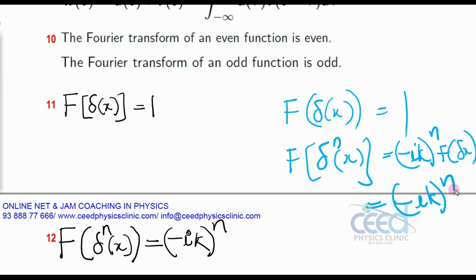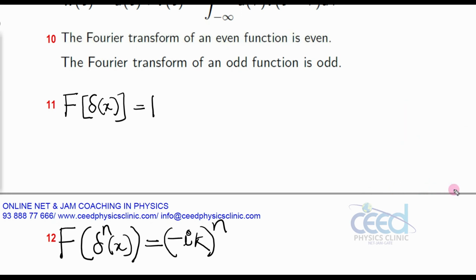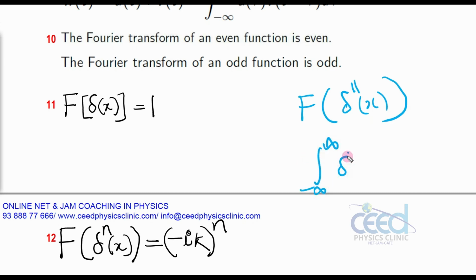Suppose, for example, you want to find the Fourier transform of delta double dash x, the second derivative of the Dirac delta. We can write this as the integral from minus infinity to infinity of delta double dash of x e raised to ikx dx.